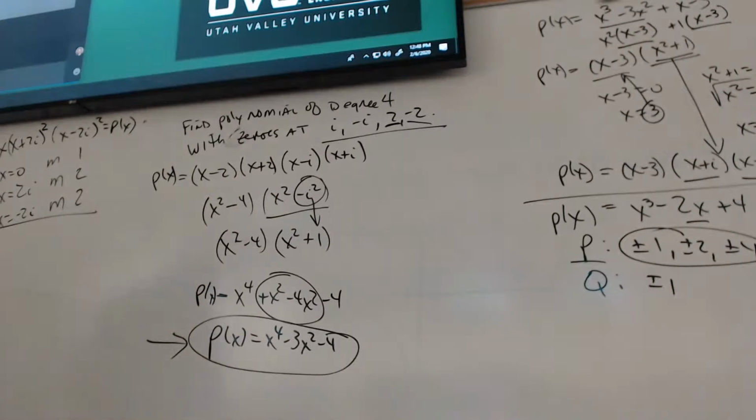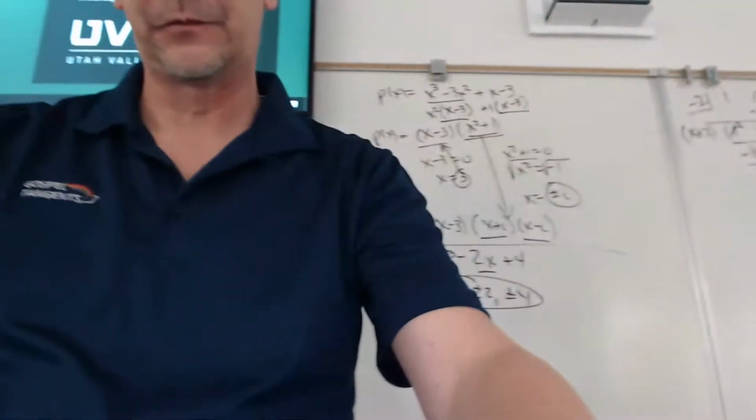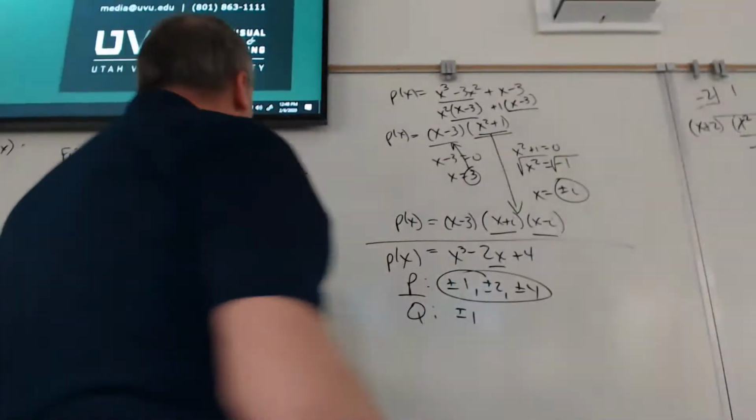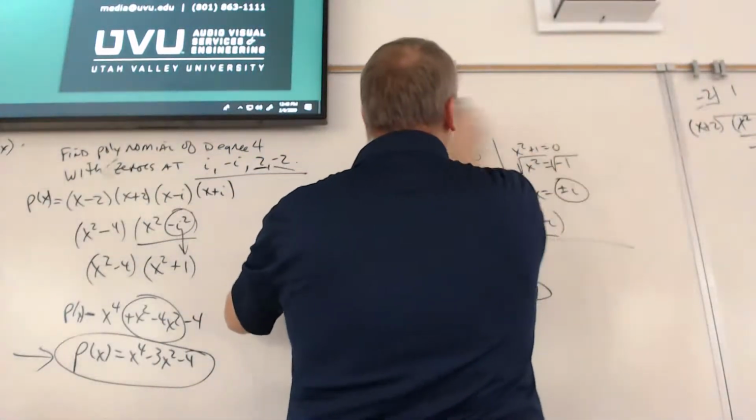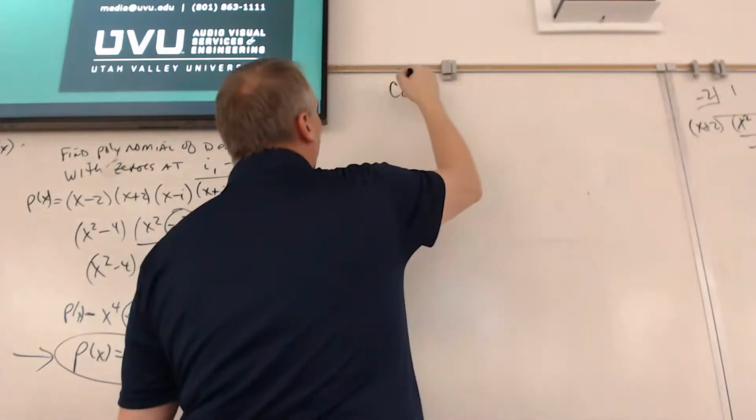All right, the last thing I want to just show you really quickly, and then we'll be done with this section, is what we call the conjugate pairs theorem.